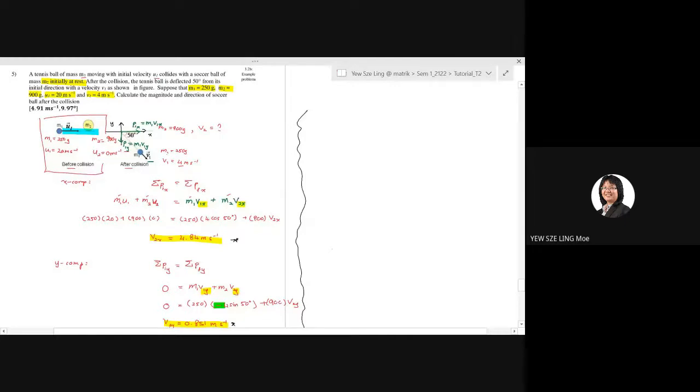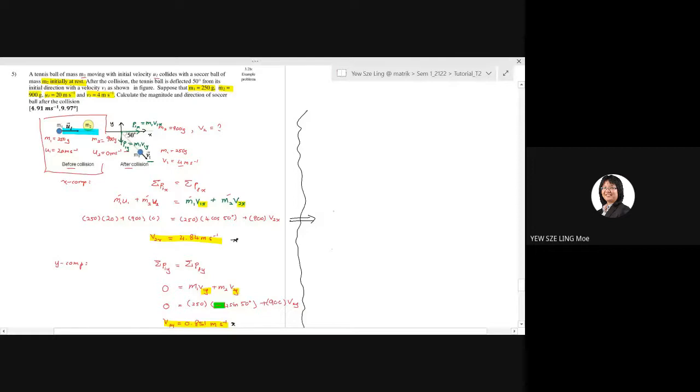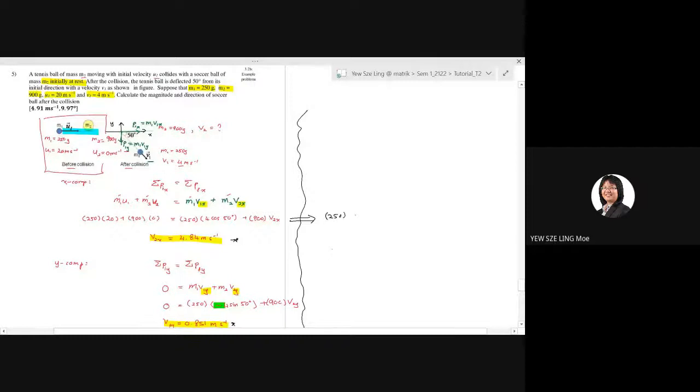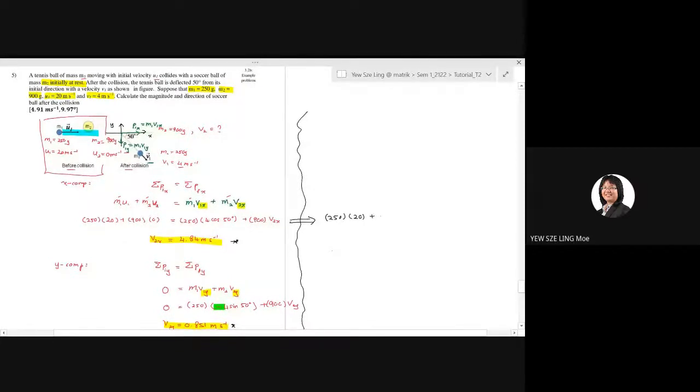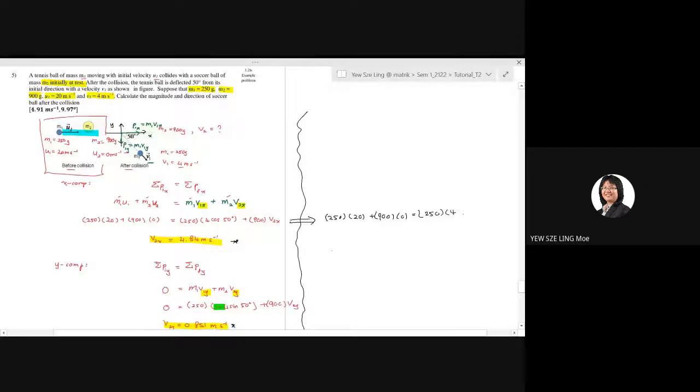Now, sometimes what students do is that for this step, students will write it as 250 times 20 plus 900 times 0 equals to 250 and then 4 cos 50 degree plus 900.